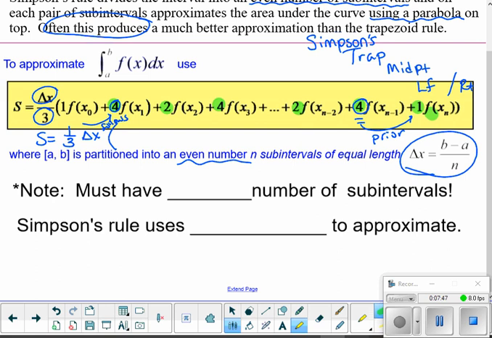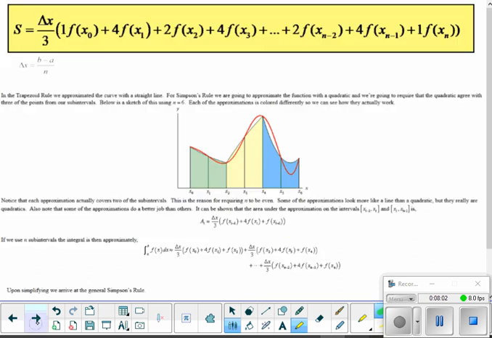So note you must have an even number of subintervals. We've said that a lot, haven't we? And it uses parabolas as it approximates the area under the curve. Here's a quick sketch of the idea. In the black, you can see that I've got trapezoids built, and then you can see the red curve.